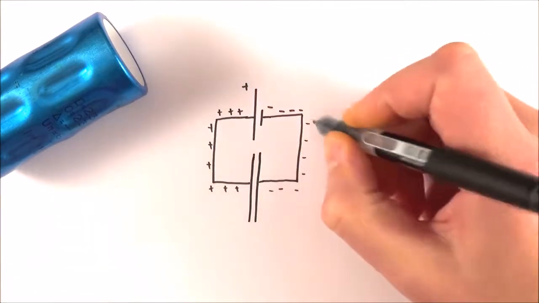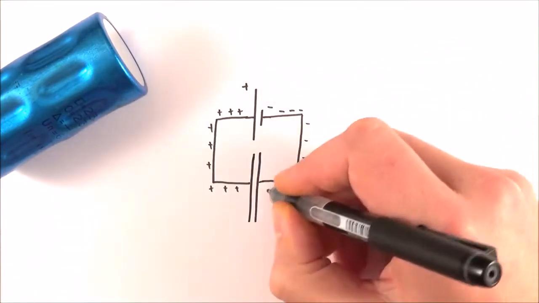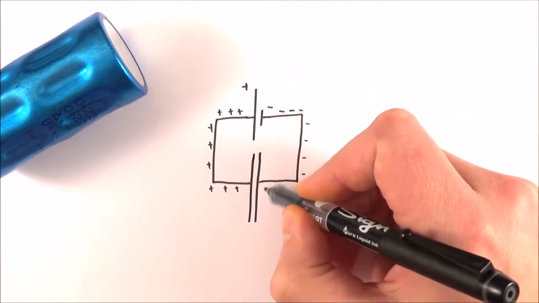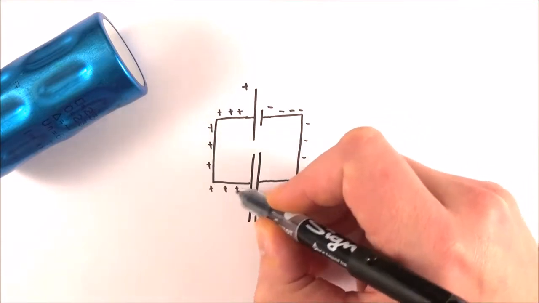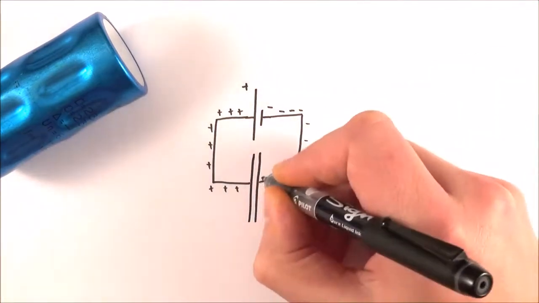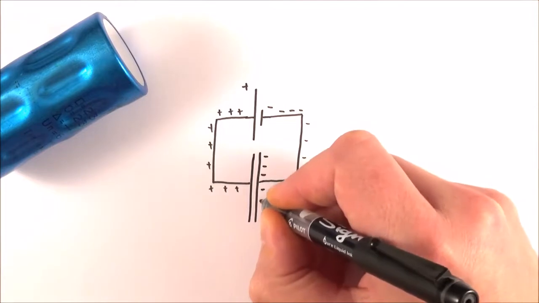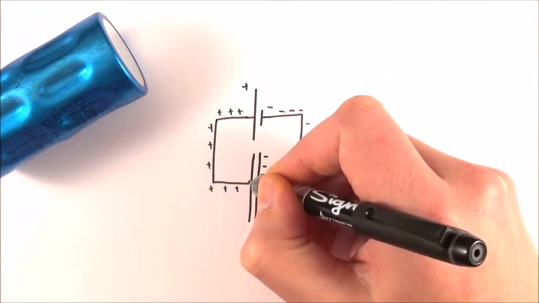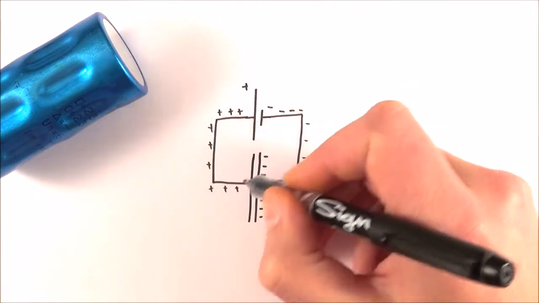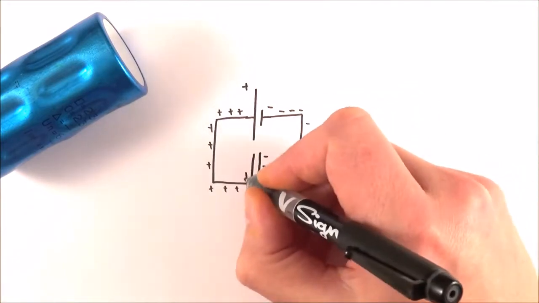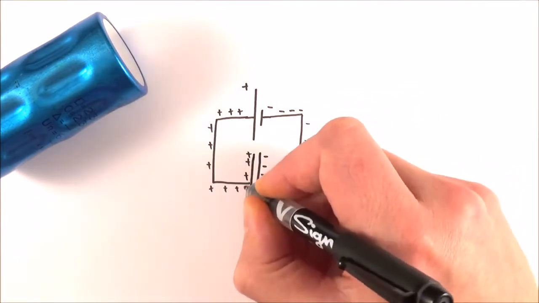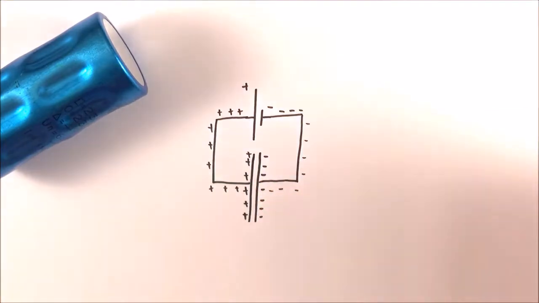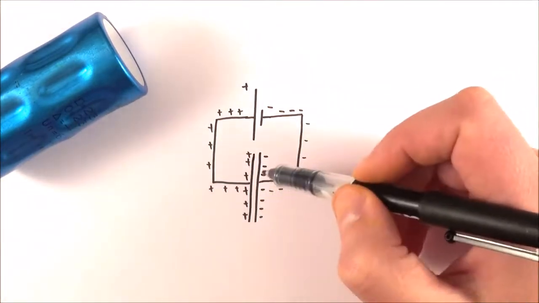Again, all these negative charges spread out as much as possible, and they are attracted towards the positive end over here. What we get is a region where we have lots of negative charges all on this plate, repelling other negative charges, and a region which is positive over here. And effectively what we have here is our capacitor.